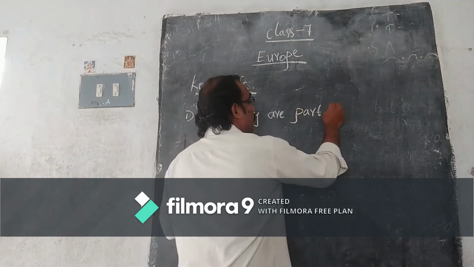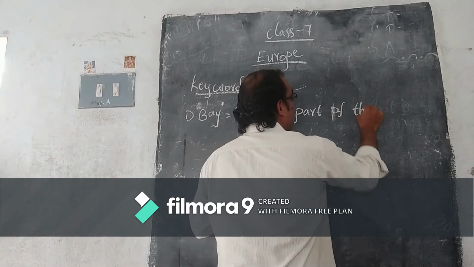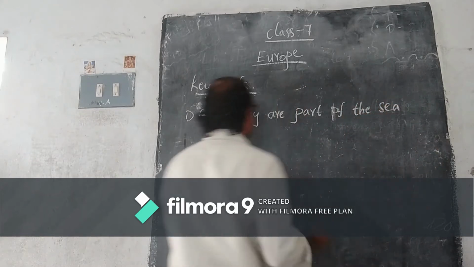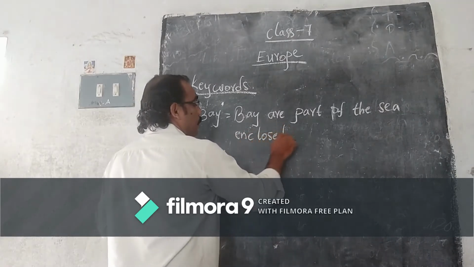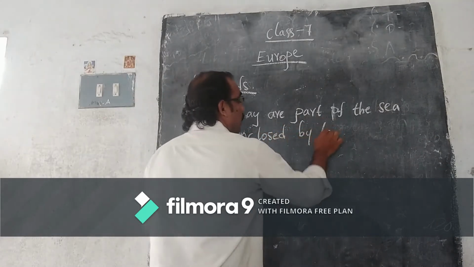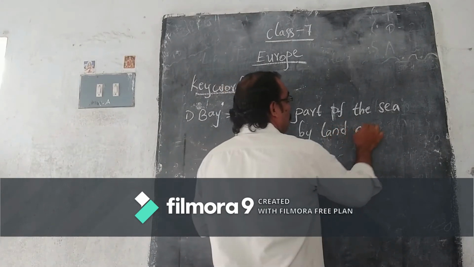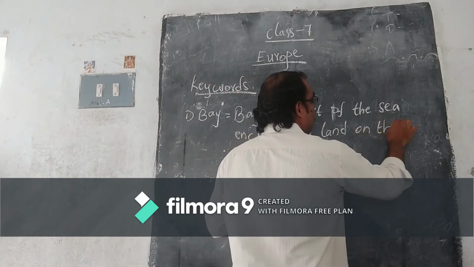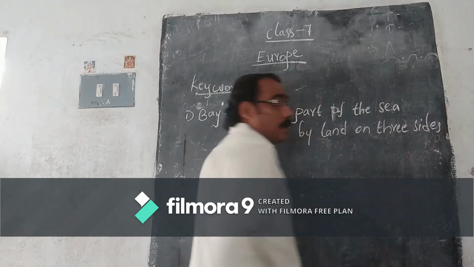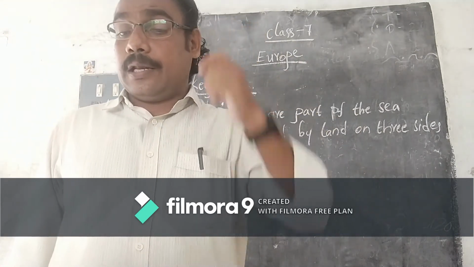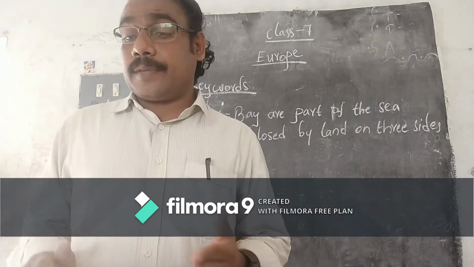Bay is part of the sea enclosed by land on three sides, just opposite to peninsula.